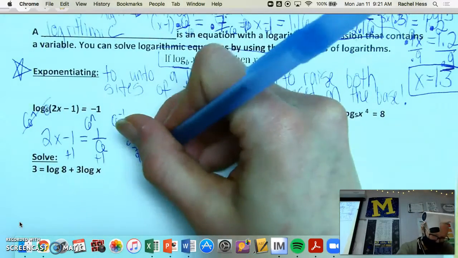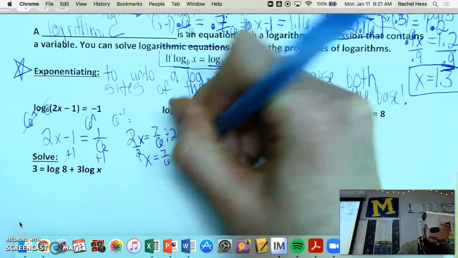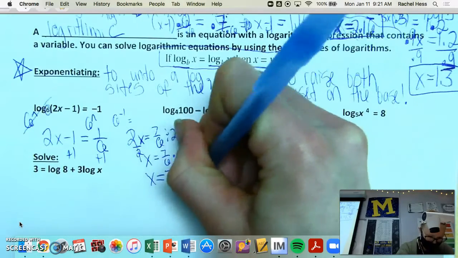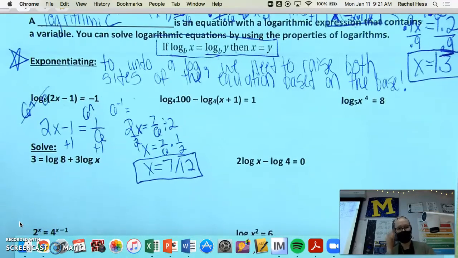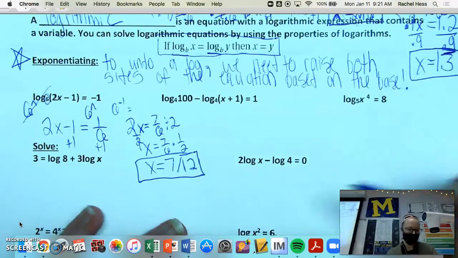That would mean you have to do keep, change, flip, so 7 over 6 times 1 over 2, which would give me 7/12. Funky answer. But once again, the big step here is that exponentiating.